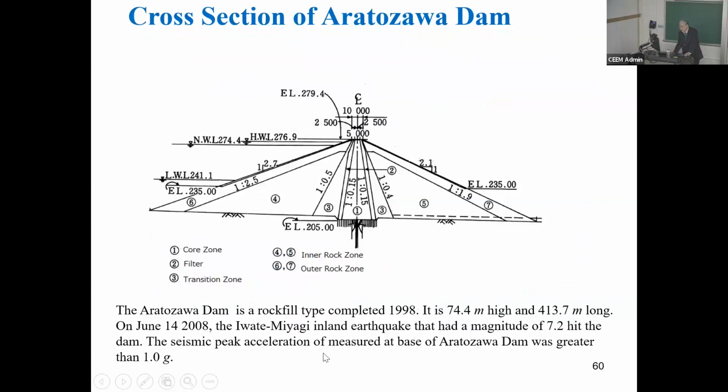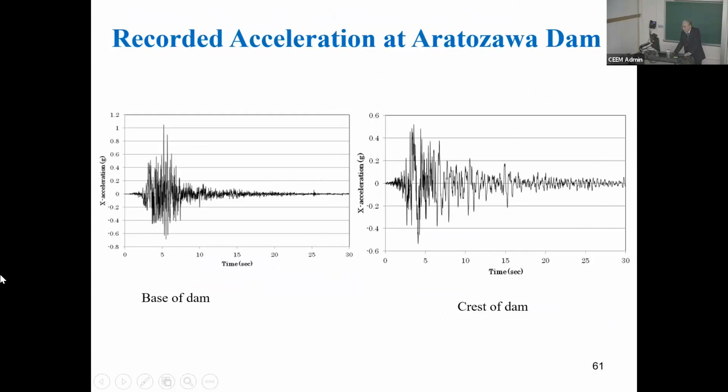The seismic peak acceleration measured at the base of the dam was greater than 1.0 G. This shows the recorded acceleration, over 1 G measured at the base of the dam, and the crest had almost half the acceleration.